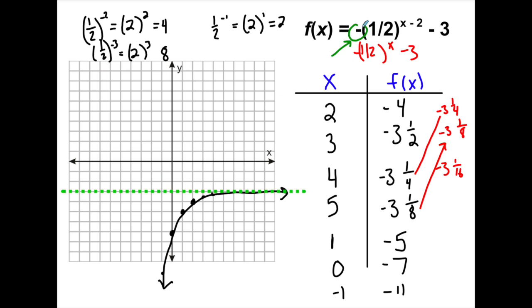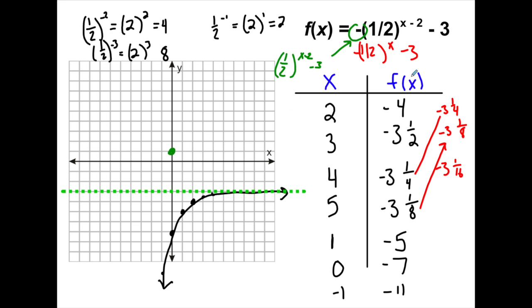Because for example, if this was a positive 1/2 to the x minus 2 minus 3. For example, plugging in 0 would give you 1 instead of whatever you got there.